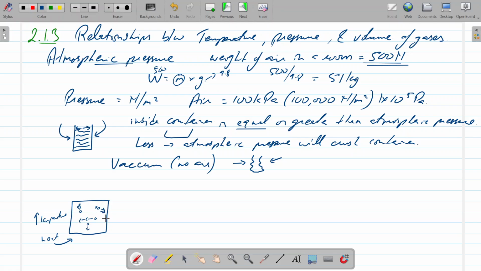And they will have more energy. And we know that energy is related to force, right? So the more energy they have, the stronger the collision will be with the walls of the container, right? And by stronger, we mean that the collisions will have more force to them.